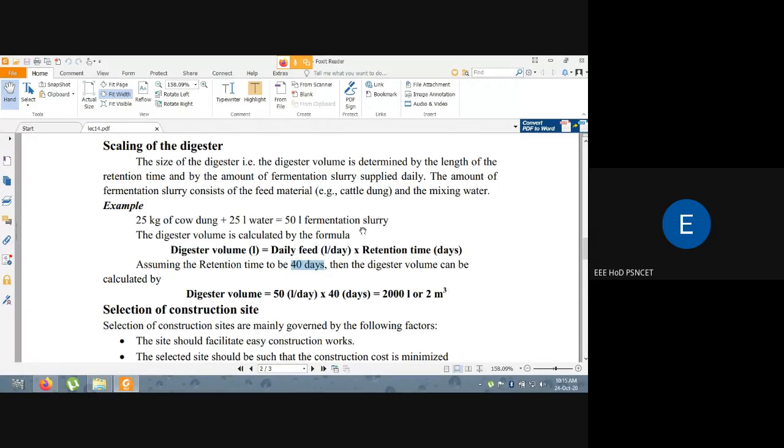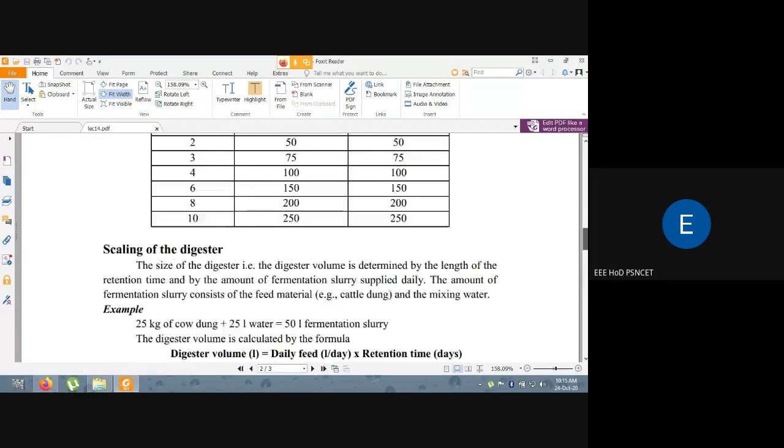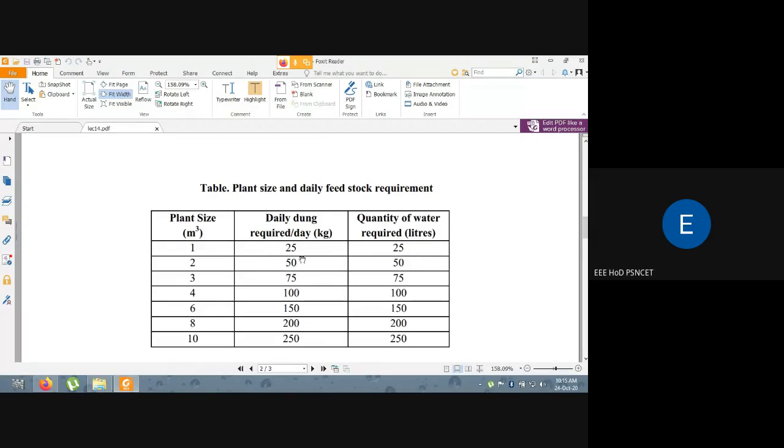This is also a reverse calculation. So 2 meter cube means 50. Initially we found 50 liters, and the volume will be 2 meter cube. In that table also we can find 50 liters, 2 meter cube. In the previous session we discussed that for 2 meter cube we need 50 liters.